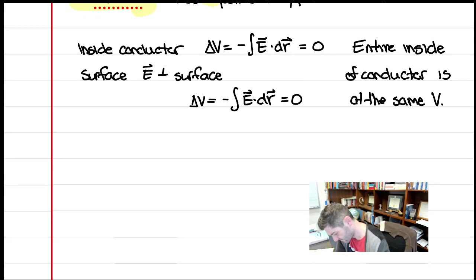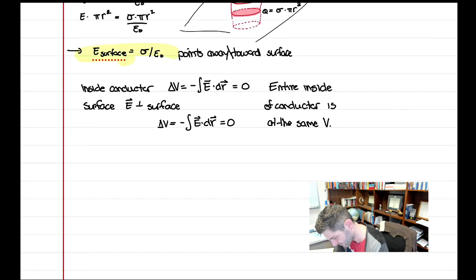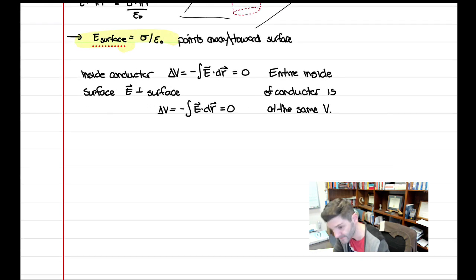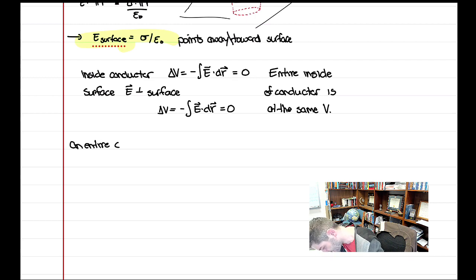So then, the big takeaway, final thing to say, and we'll save the examples for class, is that the entire conductor is an equipotential surface.